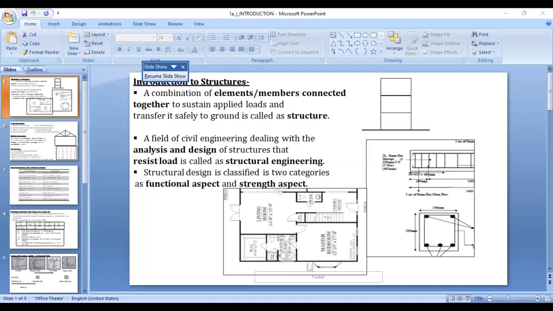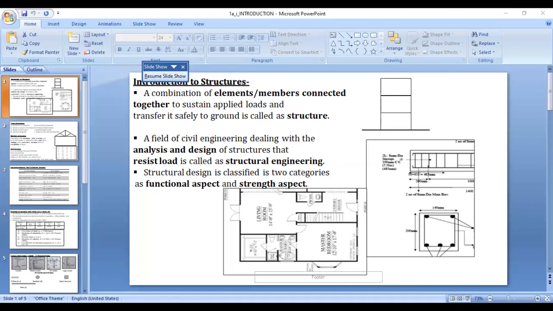The first section, if you observe here, the I section, resembles an English capital alphabet I. The top portion of the section is called the flange. The part connecting these two flanges is called the web.